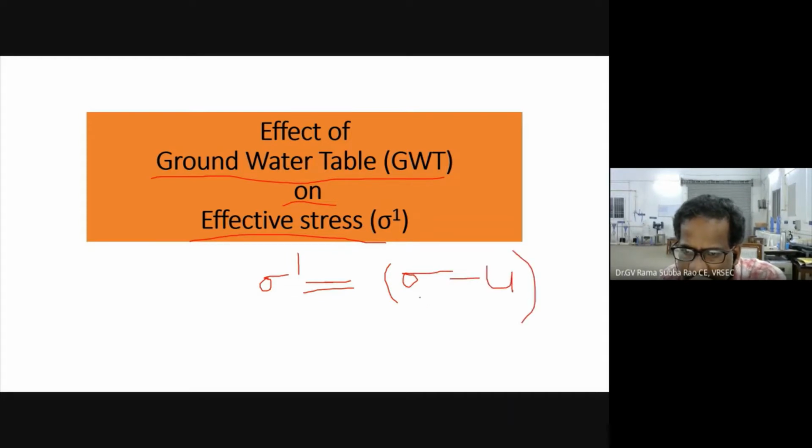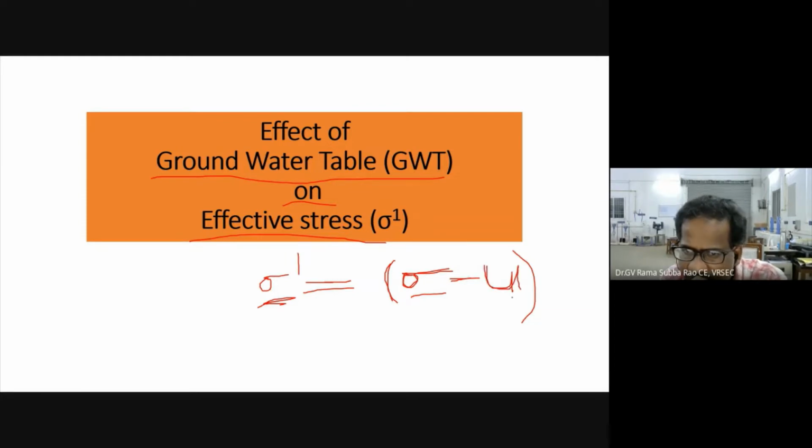Initially we calculate total stress, sigma. Then we calculate pore water pressure, gamma of water into height of water. Then effective stress, sigma dash, is equal to sigma minus u. This discussion happened in our previous video.